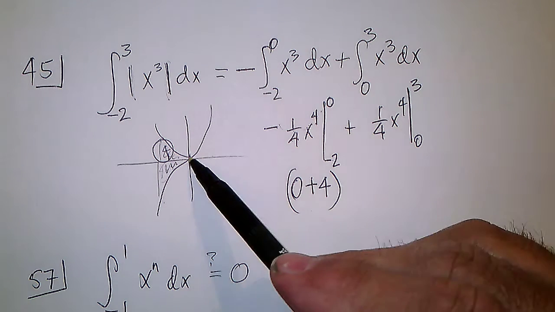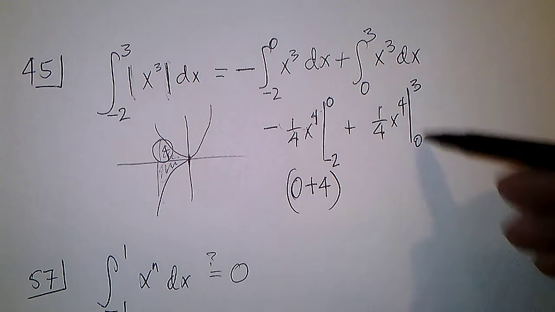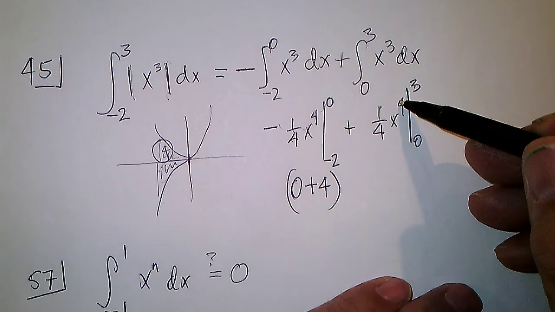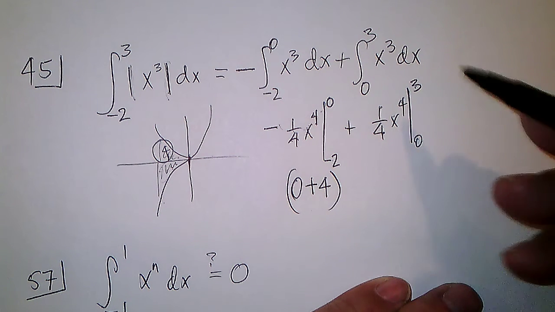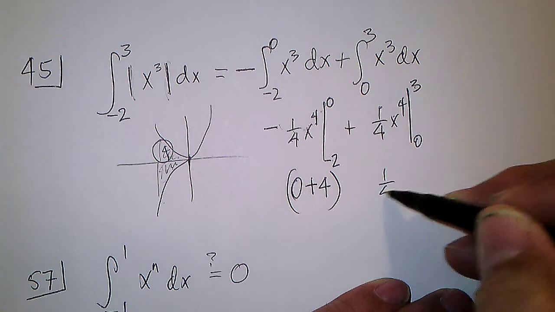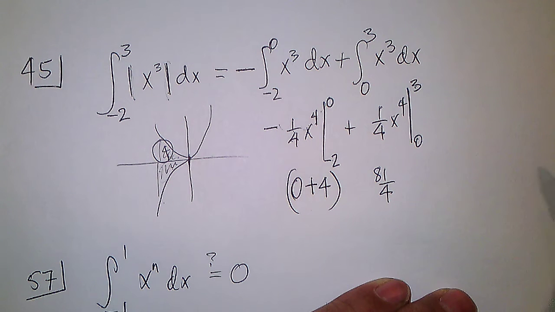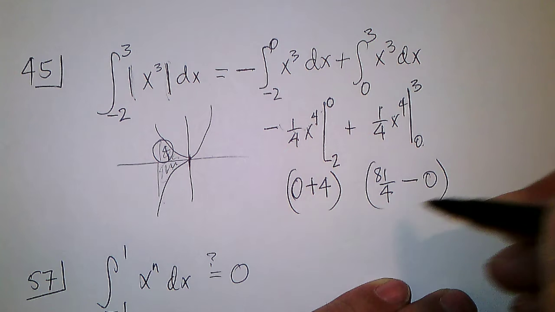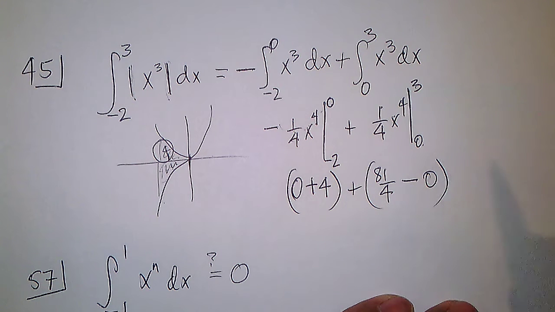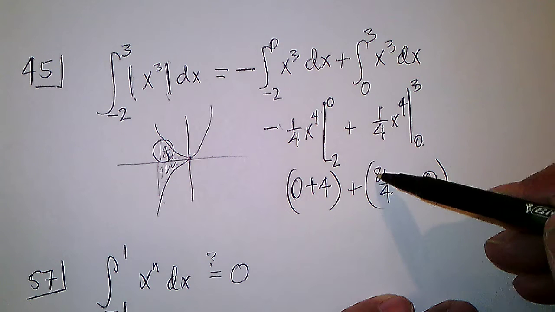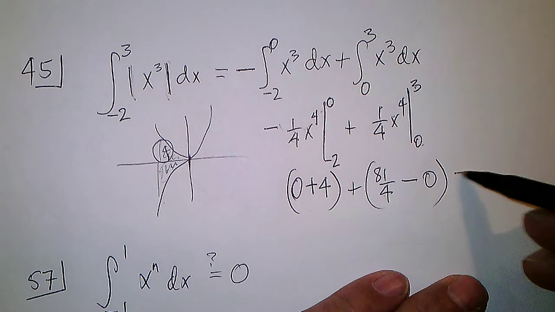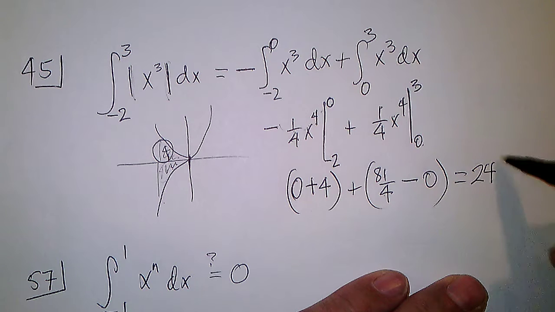Then over here from 0 to 3, we put in 3, we get 3 to the fourth is 81, so we get 1/4 of 81. Minus, we put in 0, we get 0. And we add that on, so we get 20 and a quarter plus 4, 24 and 1/4.